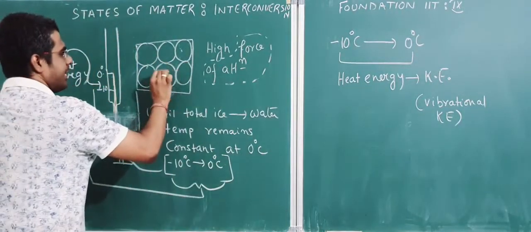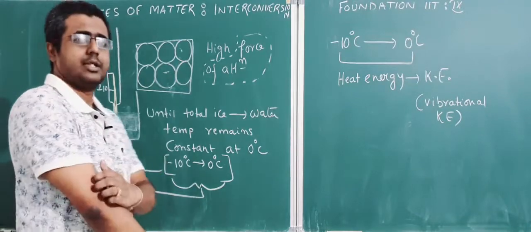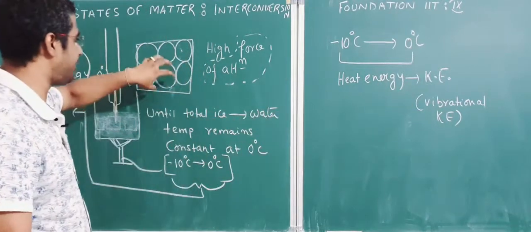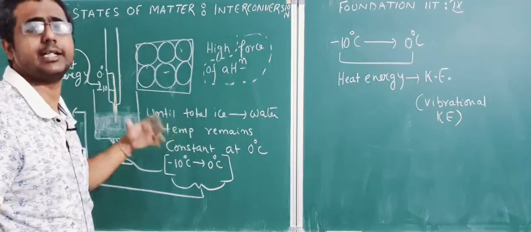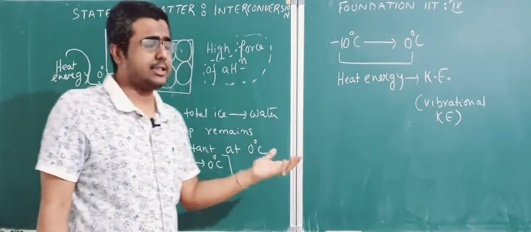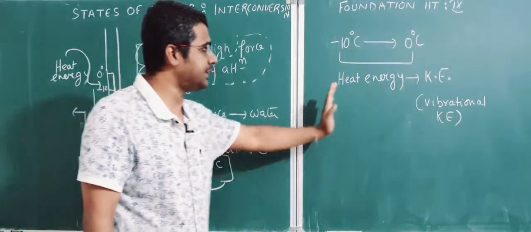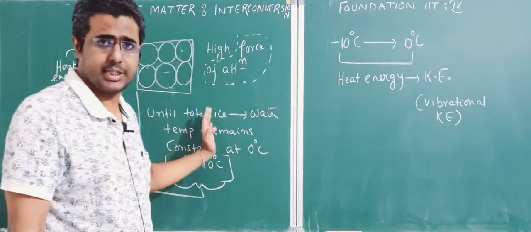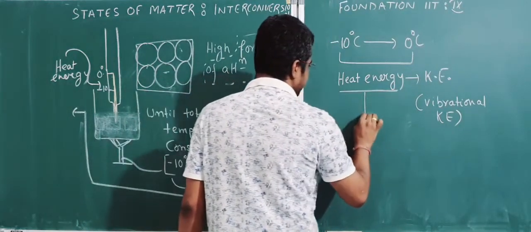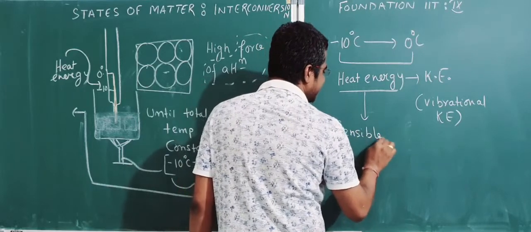These molecules were vibrating like this. As much as you are increasing the temperature, that heat energy was getting manifested into vibrational kinetic energy. This was vibrating with much and much higher speed, and that is basically the exuberance of the kinetic energy that was showing in terms of temperature. So this part, when heat energy was getting converted to kinetic energy, here vibrational kinetic energy, this heat energy is called sensible heat, because you can sense this.